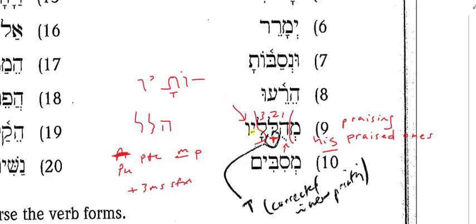Those would occur, but not in situations where you'd have a pronominal suffix attached to them. Okay? Like you attach pronominal suffixes to nouns, right? His horse, his horses, his wives. Okay? So if I have a pronominal suffix attached to this, then this must be functioning as a noun. So his praised ones.